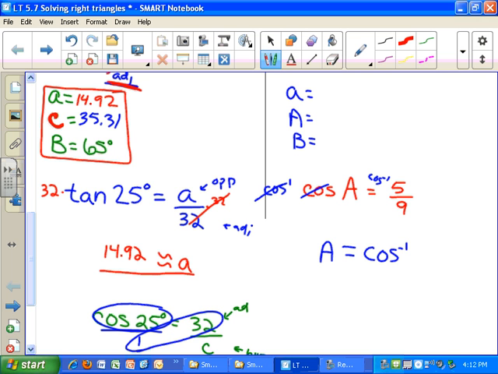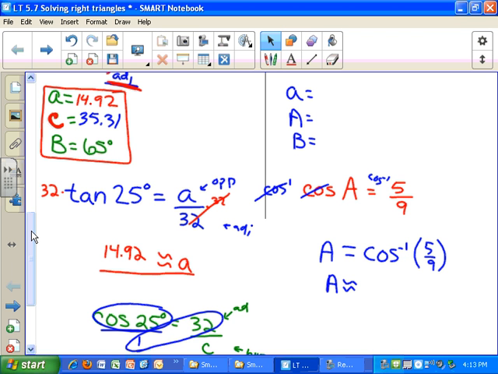So A equals the inverse cosine of 5/9. And you can type that into your calculator by pressing second cosine of 5/9. And it should give you the answer of about 56.25 degrees.